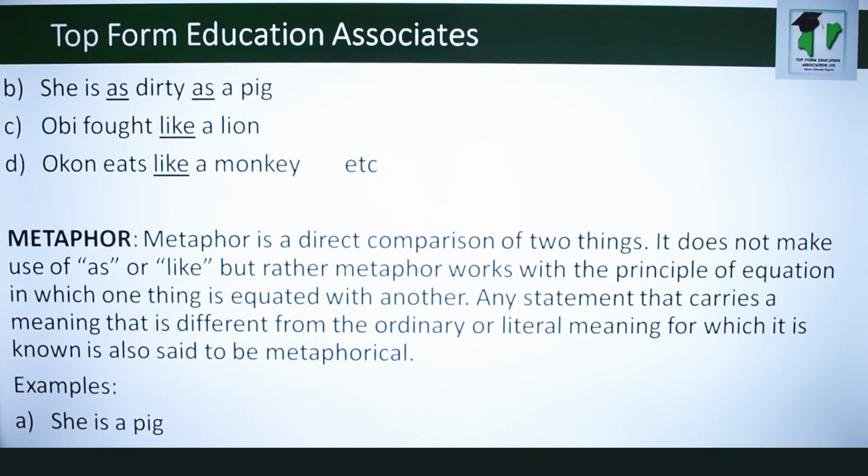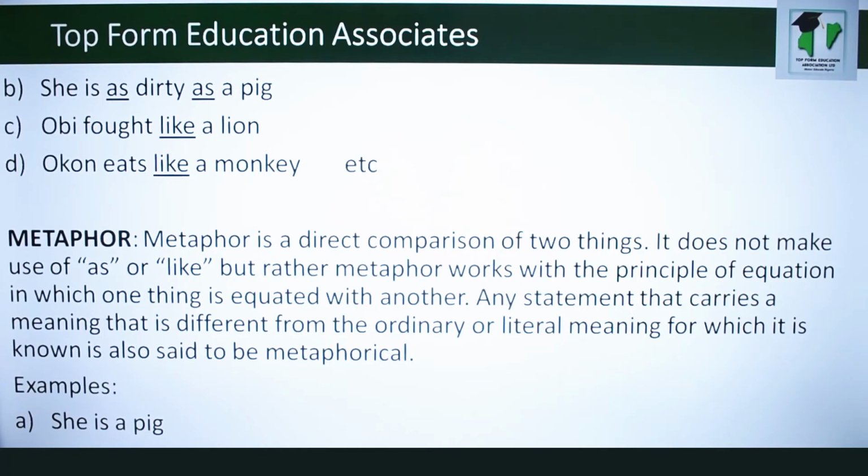So when we are trying to describe metaphor in its entirety, you find out that this principle of equation is the only language that will bring you closer to what we mean by metaphor. Principle of equation, in which one thing, this time not resemblance, is equated with another.